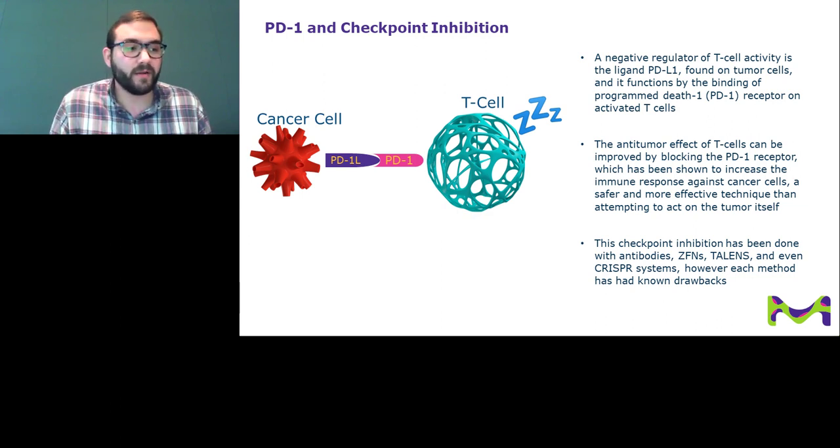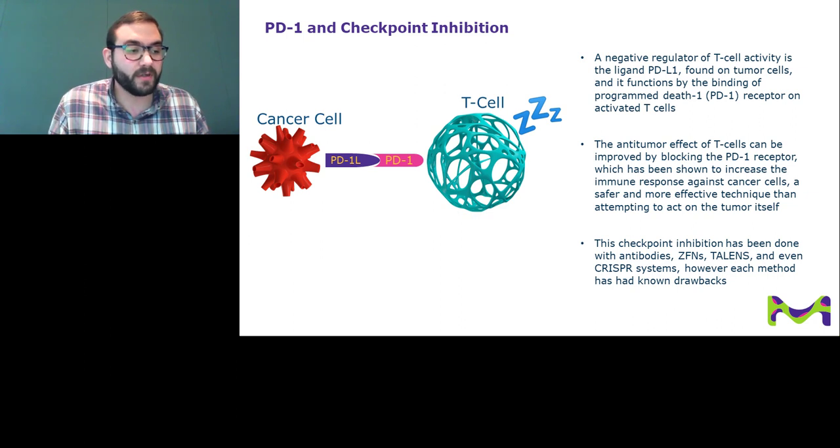The anti-tumor effect of T cells can be improved by blocking the PD-1 receptor, which has been shown to increase the immune response against cancer cells, and it is a safer and more effective technique than attempting to act on the cancer itself. This is known as checkpoint inhibition, and in doing so, increases the wakefulness of the T cells in regard to cancer cell fighting.